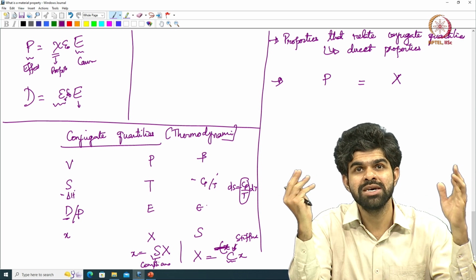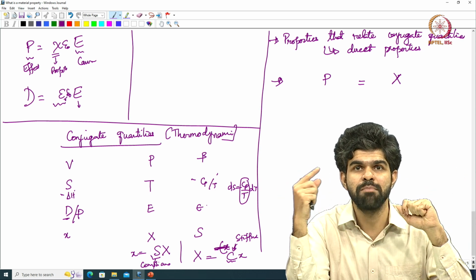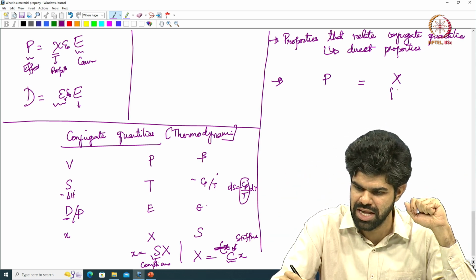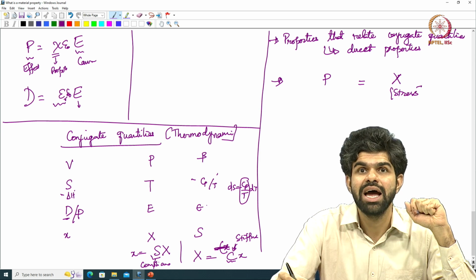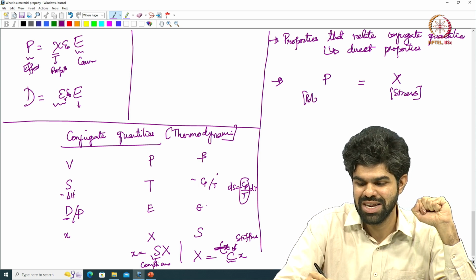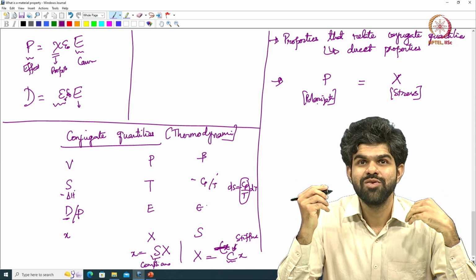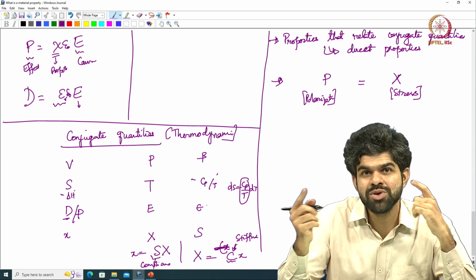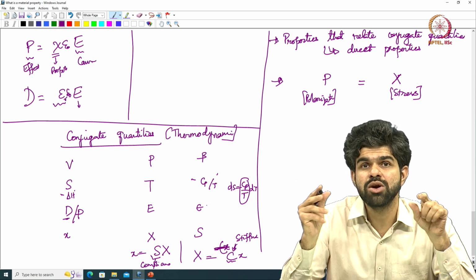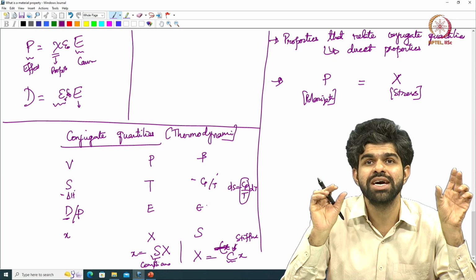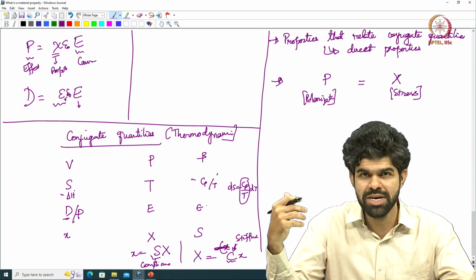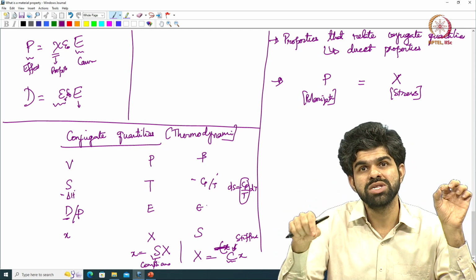But imagine that I have this beautiful material where I apply stress, and I generate polarization, right. What is happening here? I am not really coupling the conjugate properties directly. Conjugate properties are anyway coupled. Here I am doing some cross coupling, right.